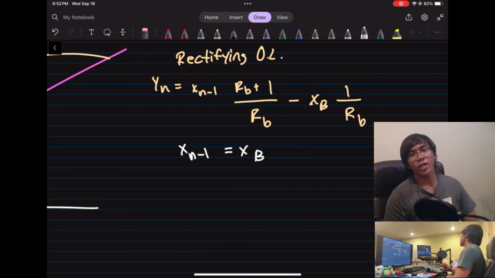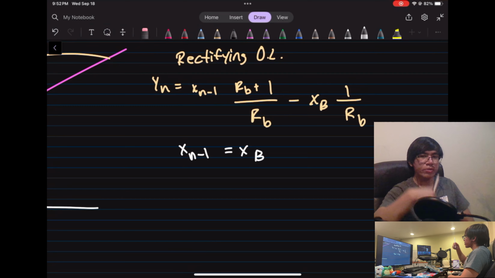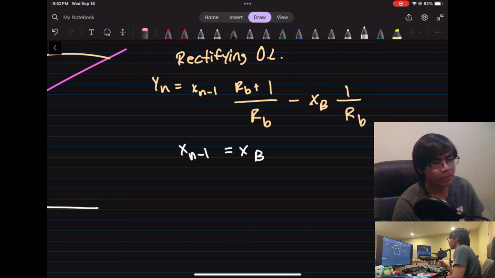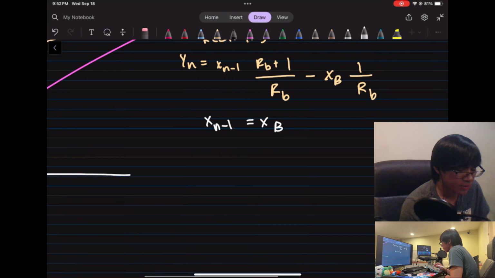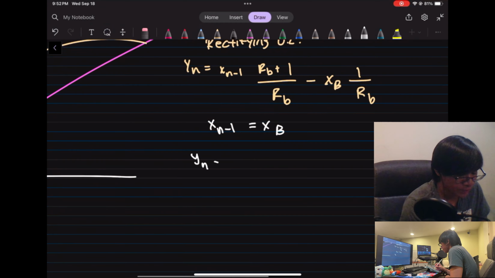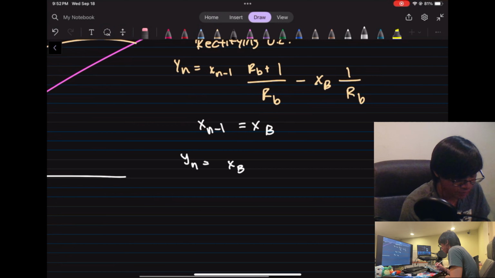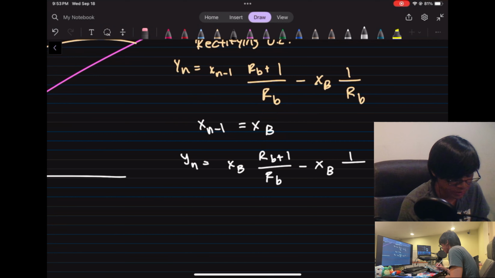So our liquid mole fraction coming down from the stage above is equal to our bottoms mole fraction coming out. And what that allows us to do is rewrite this in terms of the bottoms mole fraction.